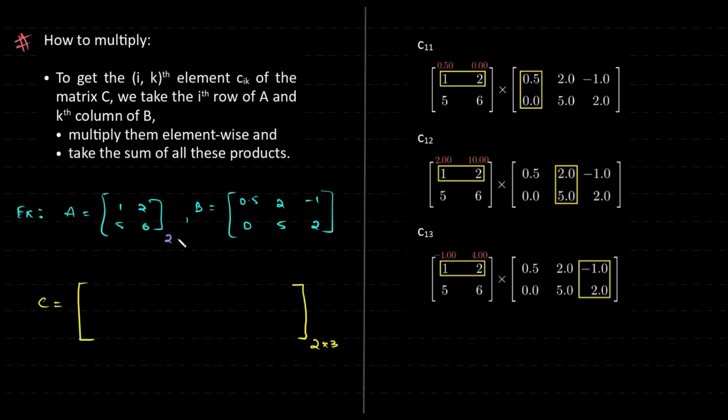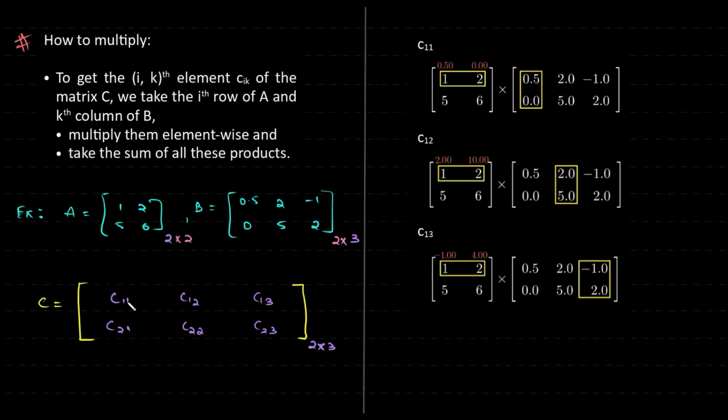The 2 comes from here and the 3 comes from here. 2 by 2 and 2 by 3, right? That's how you get 2 by 3 over here. Now, this is your C11, this is your C12, this is your C13, correct? This is your C21, C22, C23. This has to be very clear.